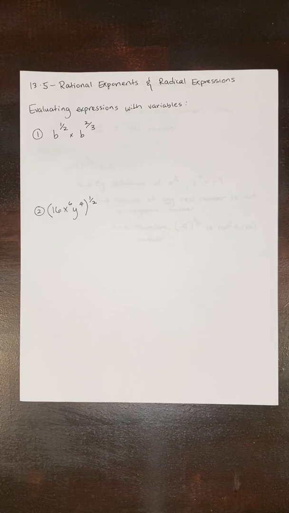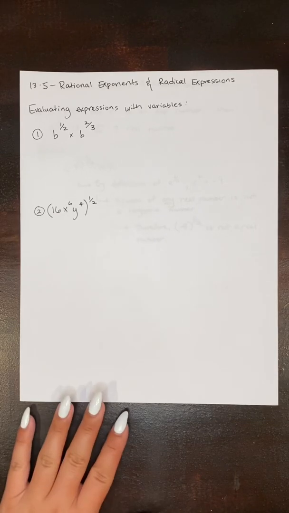Now let's explore expressions with variables. In this first example, we have b to the 1/2 power times b to the 2/3 power. To simplify, we can first find the common denominator for both powers, which is 6.